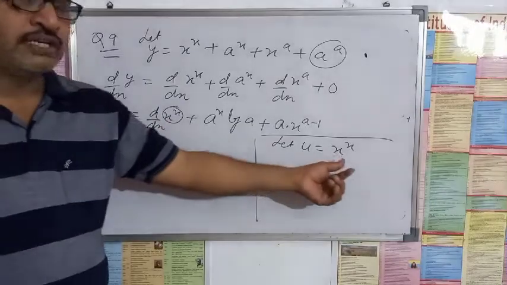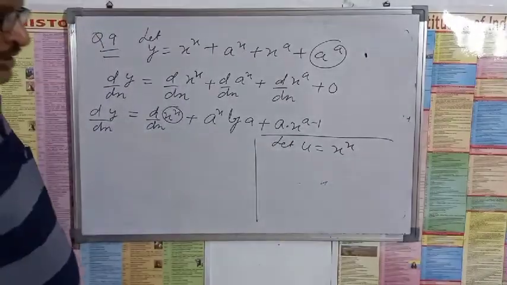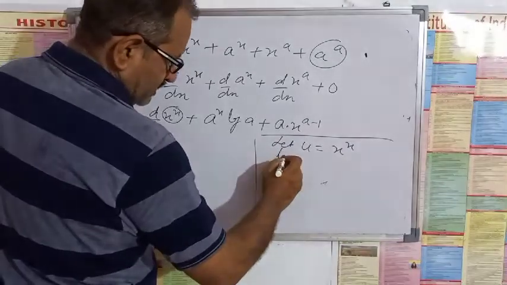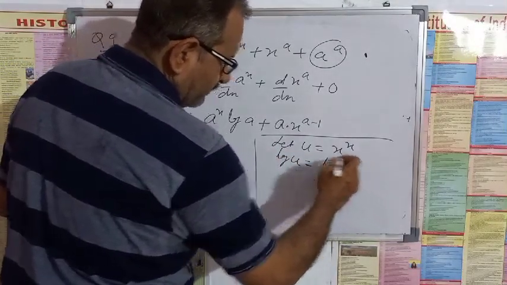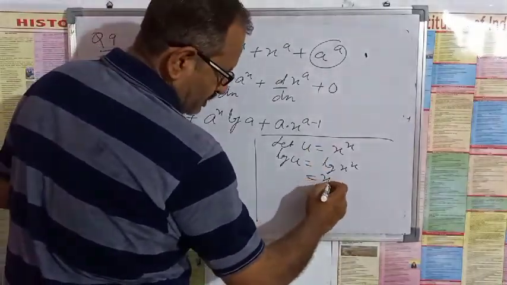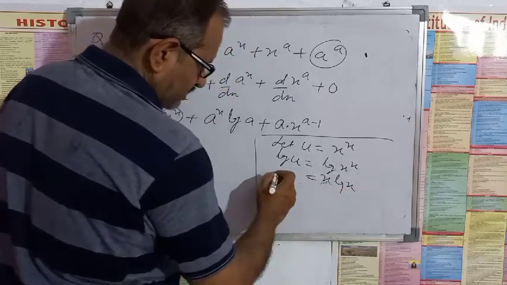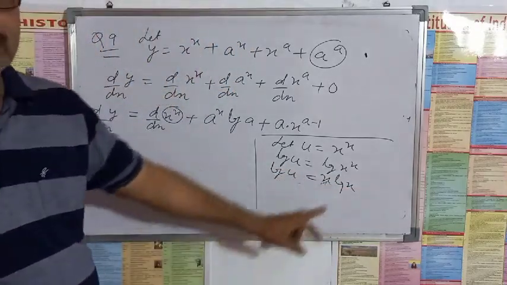Let u is equal to x to the power x. Here function to the power function is given. Take log on both the sides. So log u is equal to log x to the power x. Use the power rule. So log u is equal to x log x.